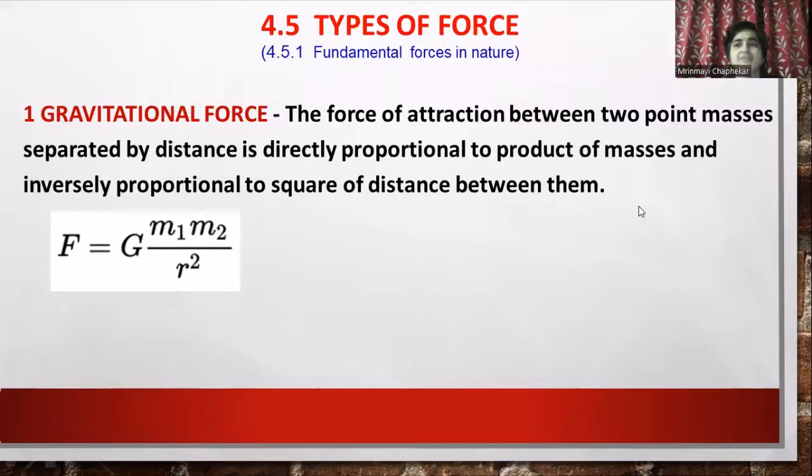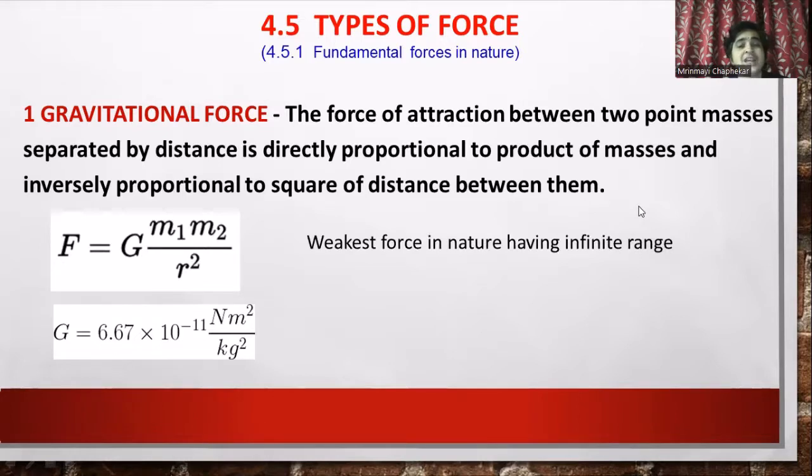That is, if we have two bodies having masses m1 and m2, and the distance between them is r, then the force of gravitation between them is G m1 m2 upon r square. Here G is the universal gravitation constant, and its value is 6.67 into 10 power minus 11 Newton meter square upon kg square.